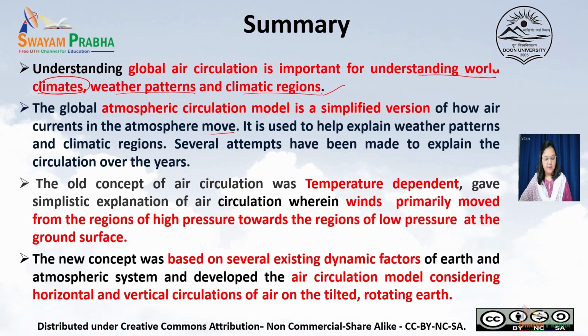It is used to help explain weather patterns and climatic regions across latitudes, and several attempts in the past have been made to explain the circulation of the air over the years. While the old concept of air circulation was temperature dependent and gave a simplistic explanation, wherein winds primarily moved from the regions of high pressure towards the regions of low pressure at the ground surface.